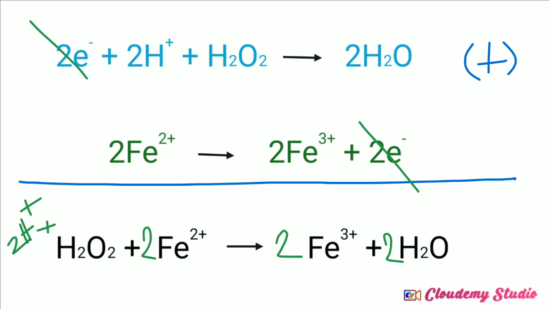Now the equation is balanced. The balanced equation is 2 moles of hydrogen ion plus 1 mole of hydrogen peroxide plus 2 moles of Fe2+ gives 2 moles of Fe3+ and 2 moles of water.